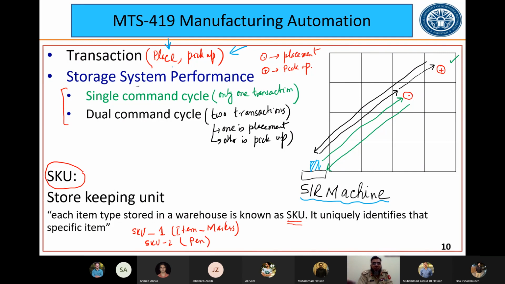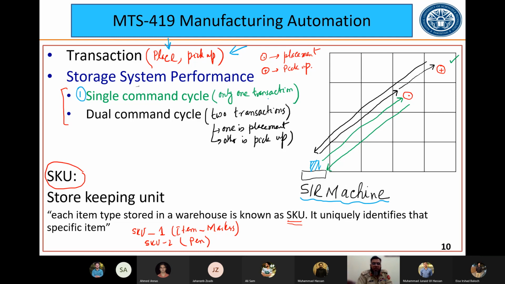So a transaction will be either a placement operation or a pickup operation. Okay? Then the storage performance will be measured according to two types of command cycles. Number one is the single command cycle, in which only one transaction takes place.